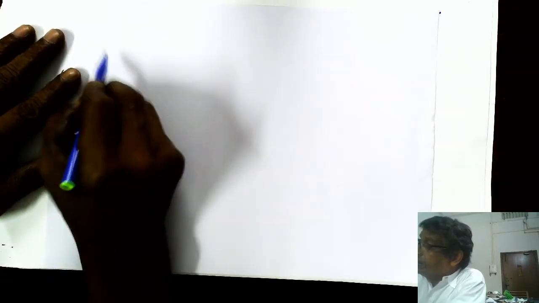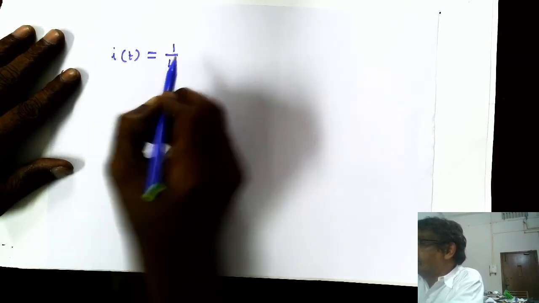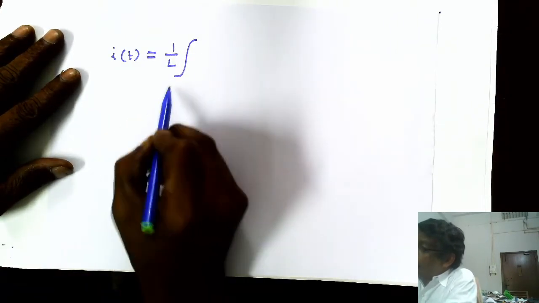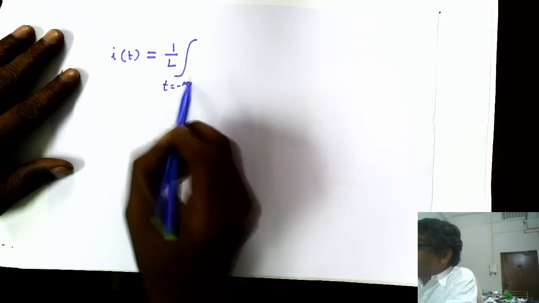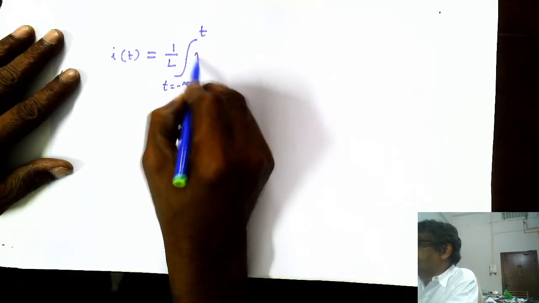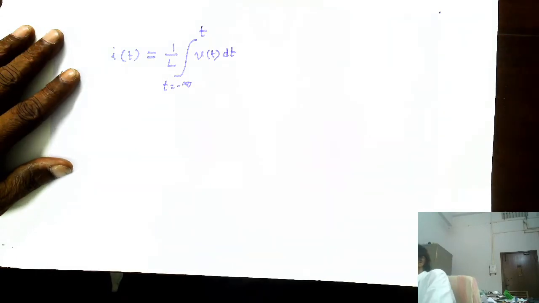To explain this one, I rewrite this integration. This is equal to the integral from t equal to minus infinity up to the present time t of V(t) dt. That is the thing we have seen.